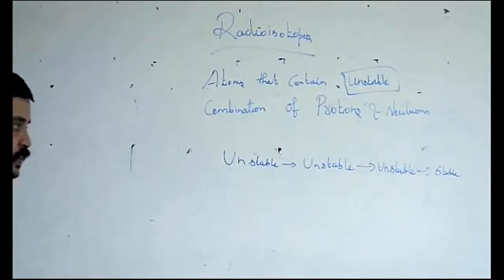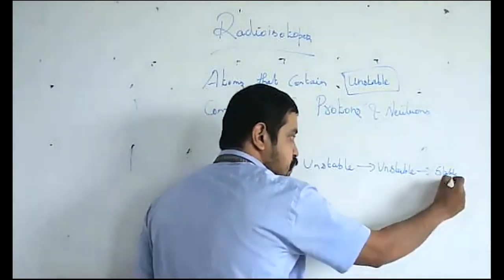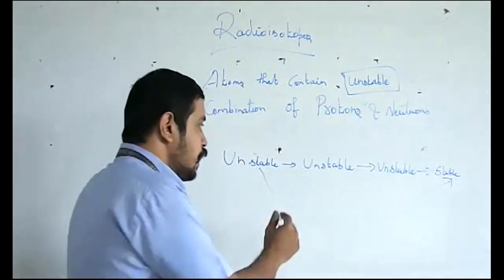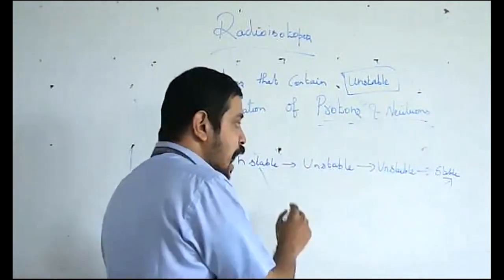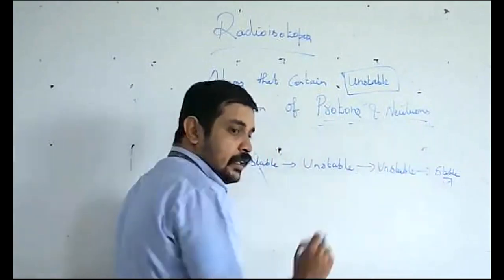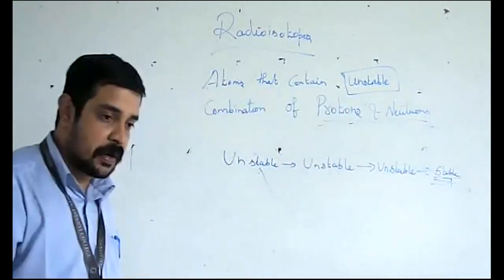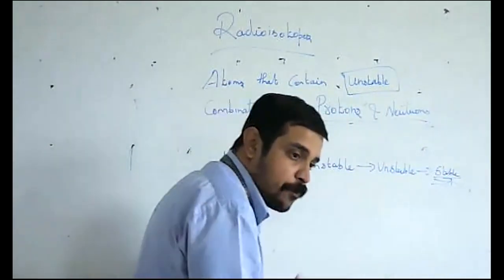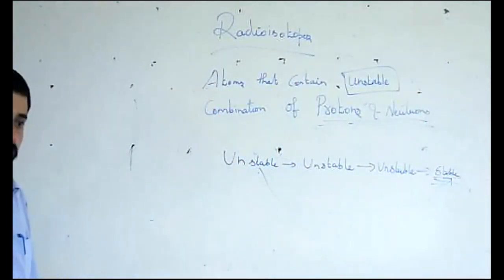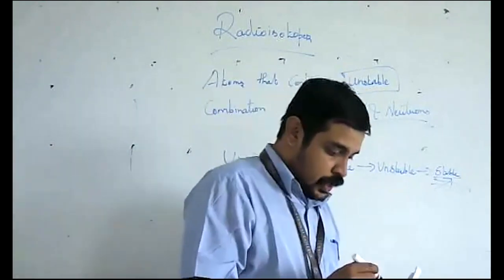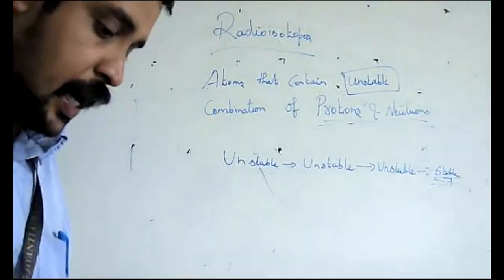You have to understand this. It doesn't mean that unstable directly reaches stable. No. It will lose its protons or neutrons until it reaches the stable combination. Without attaining a stable combination, the elements will keep on losing protons or neutrons. That is a very important point as far as radioisotopes are concerned.